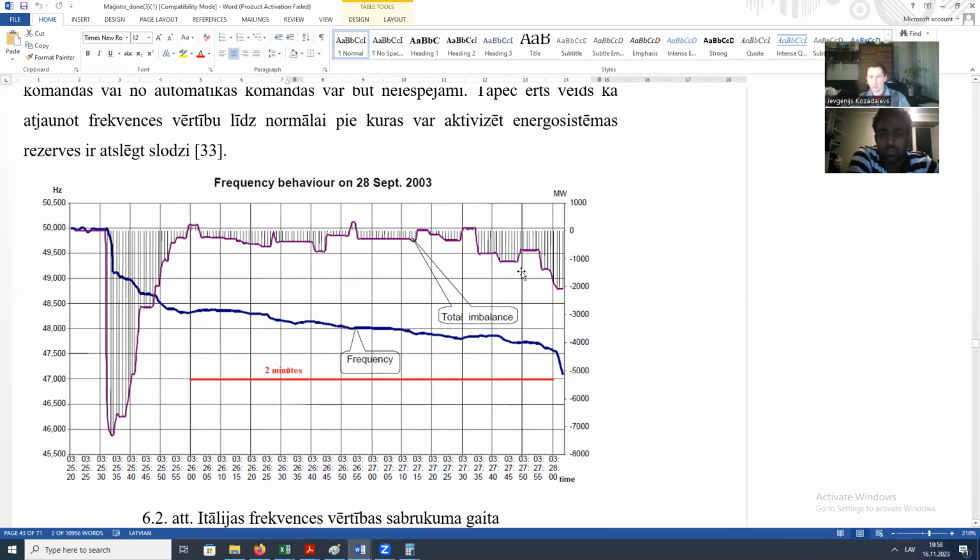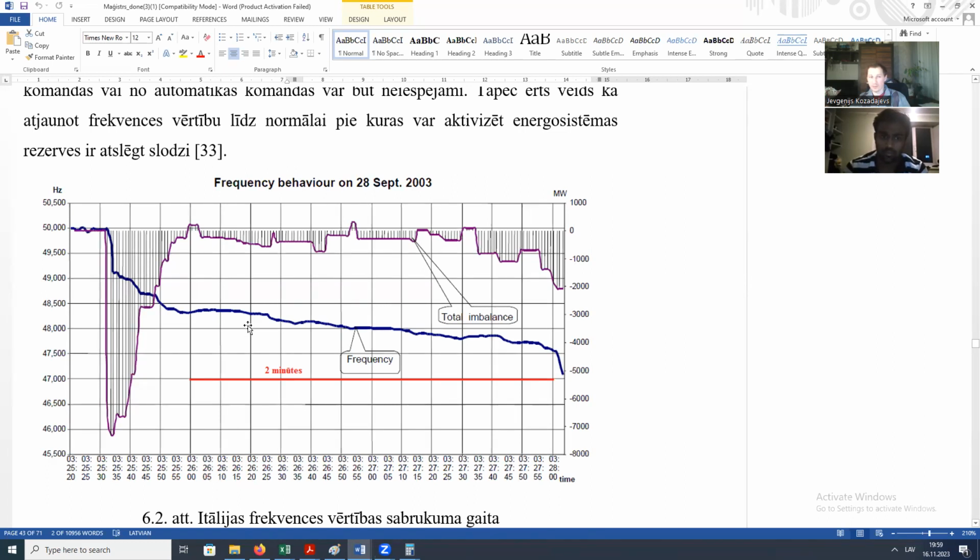And as a result, when we disconnected all the consumers connected to this automation, we see the next frequency drop because we don't have anything to disconnect. And as a result, at this time, we had a blackout for the whole Italian system. So what was wrong?